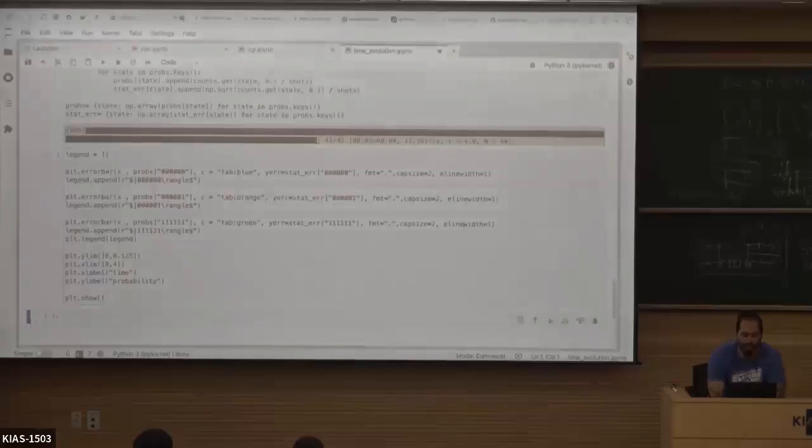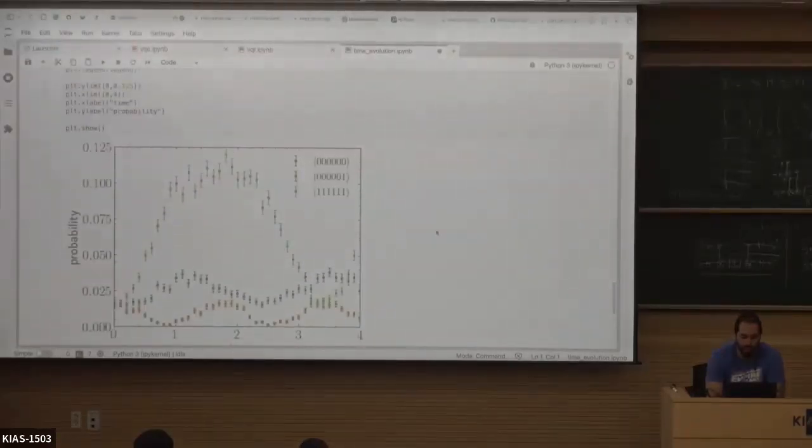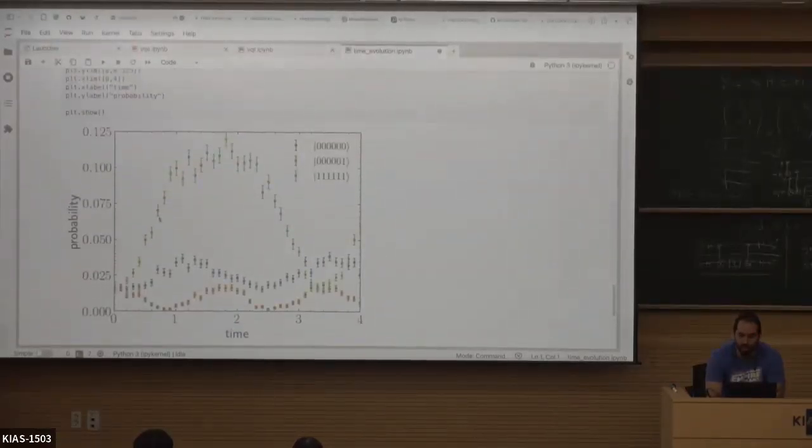So what I get is this. As you can see, each result comes with a statistical error, and my state basically evolves in a periodic condition. So these are the states that I chose above. You can choose to simulate different states. I'm basically trying to show you the exact same results that the paper shows.